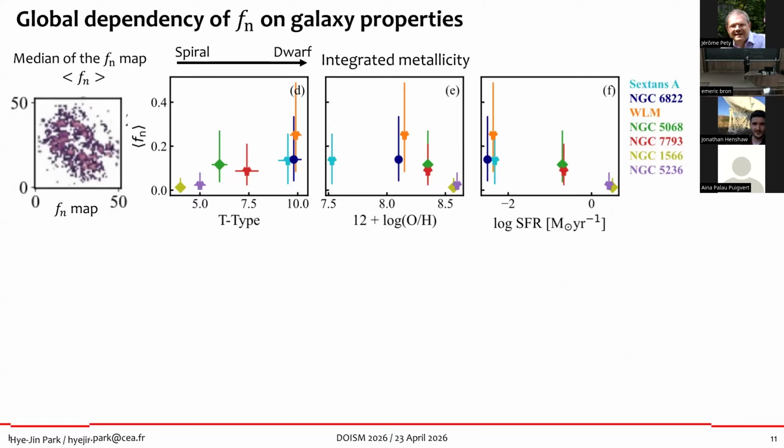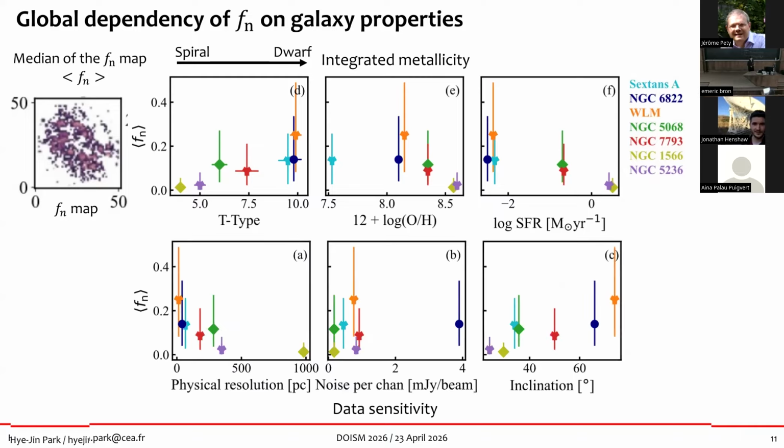However, this is not a good conclusion, I would say, because there is a systematic issue here. So here I plot also the physical resolution of the H1 data cube and the noise per channel, so sensitivity, and the inclination of the galaxy.